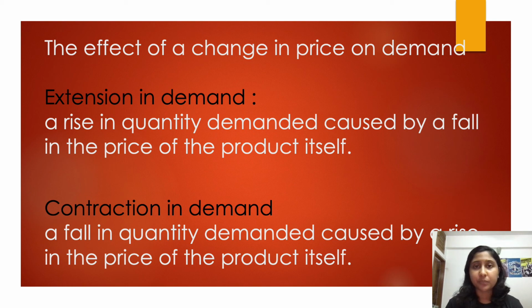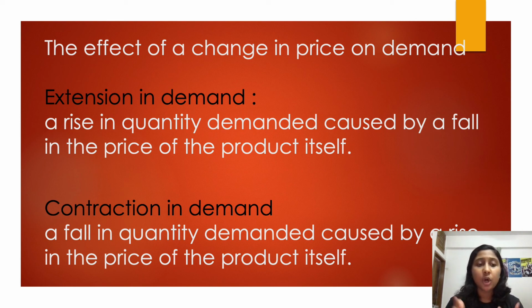Like we often see when there is a sale going on in the market, the demand for the products rises. As the sellers lower the price, we tend to buy more. The cheaper it gets, the more we buy. So if they decrease the price, we as consumers tend to buy more. This is what extension in demand is.